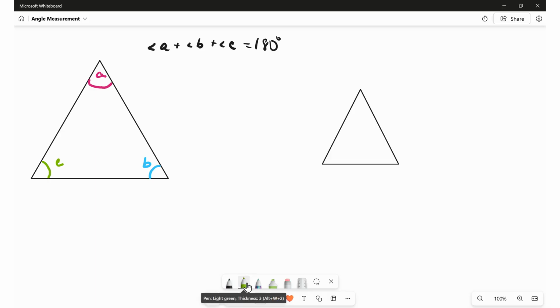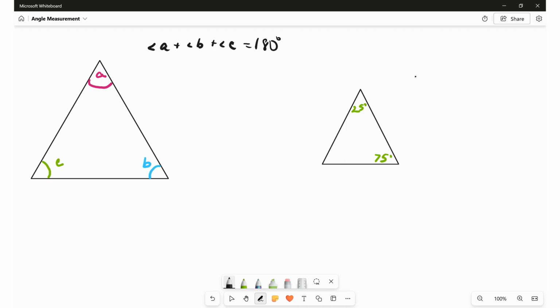And we are going to say that this degree measure is 25 degrees. And we're going to say that this is, let's say this is 75 degrees.